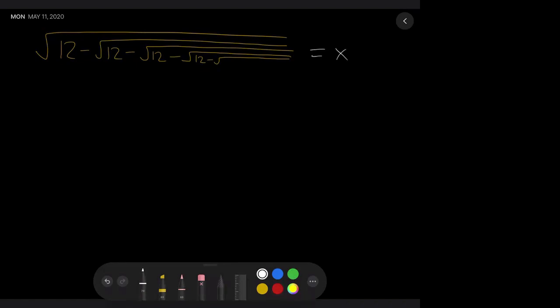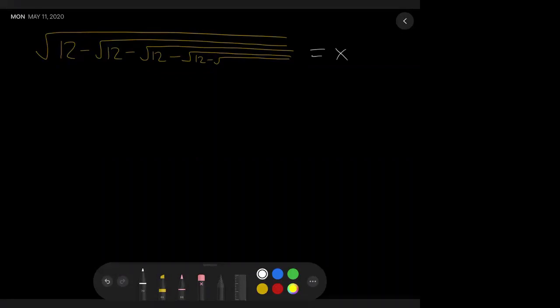Now let's look at our original expression. You notice that there's a pattern that develops. You have square root 12 minus square root 12 minus square root 12. Whenever you see these kinds of repeating patterns, there's probably some manipulation. That should be the clue to let you know I can probably substitute something to make the expression nicer.